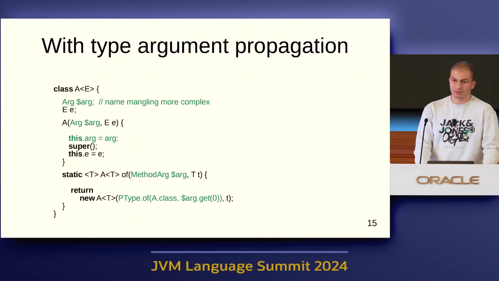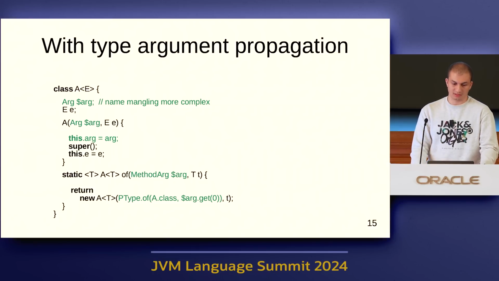So as I said, we will generate an arg field, which will contain the information about the E of this A type. This field will be instantiated in the constructor, which now has an additional parameter to reach the constructor and be able to set the field.